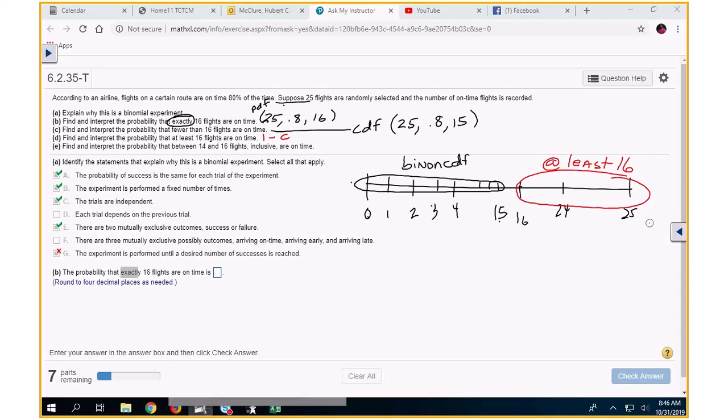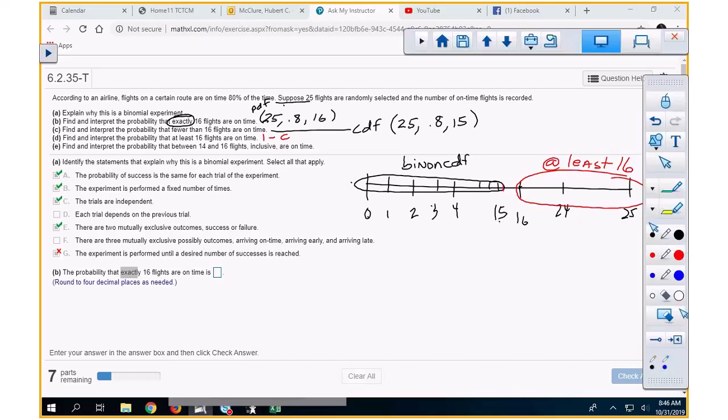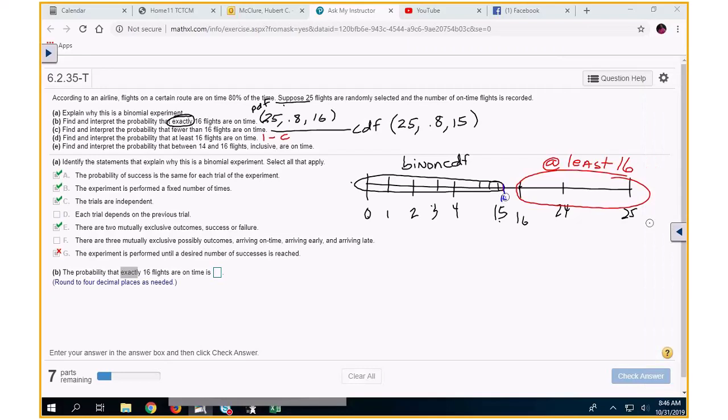Find and interpret the probability that between 14 and 16. Now, everybody should be able to do that. Well, that's 14. What did it say? 14 and 16. There's 14, 15, and 16. So what are we going to do there?